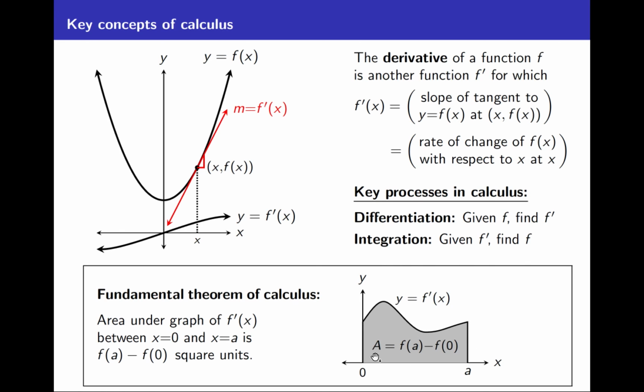And the fundamental theorem of calculus says that that area is f of a minus f of 0 square units. To get the area under the derivative, you plug in a to the function, and you subtract off what you get when you plug in 0 to the function. It's the difference in the function value between a and 0.